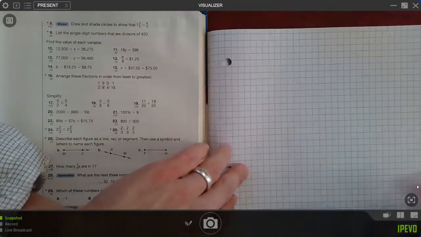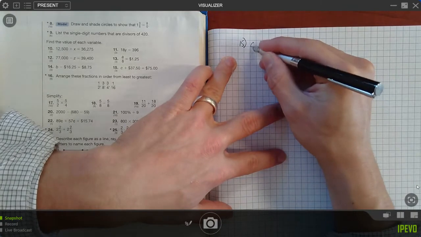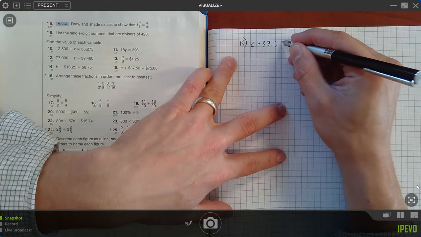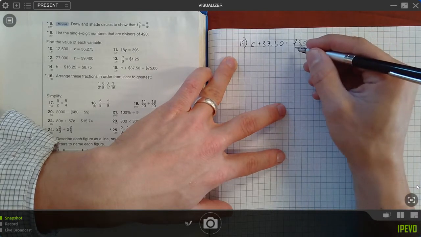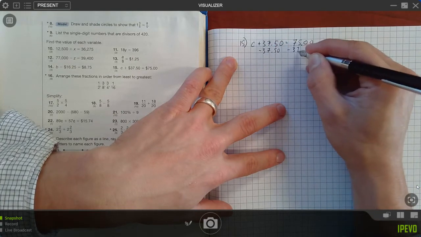Have to start a new page. C plus 37.5 equals $75. So we're going to subtract 37.50. We're going to do the inverse.